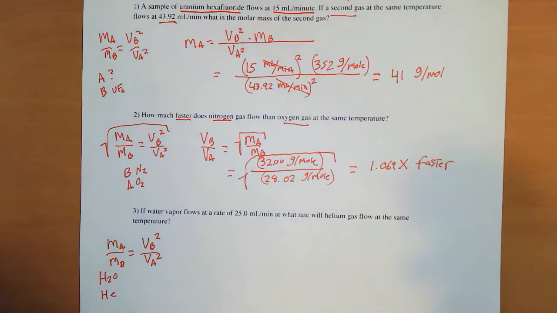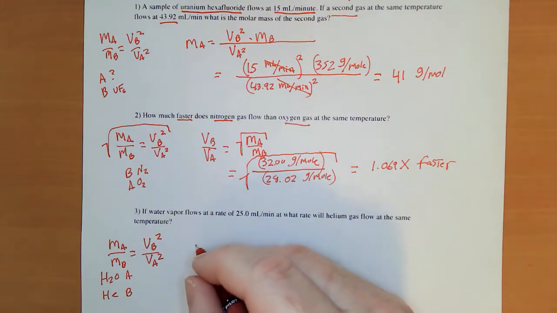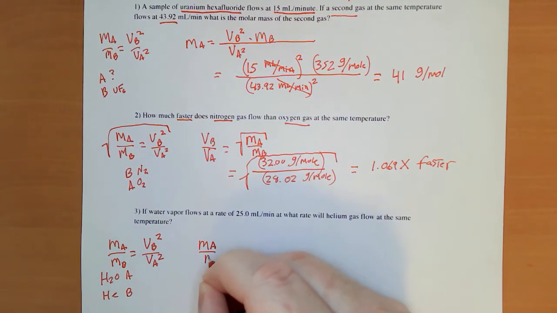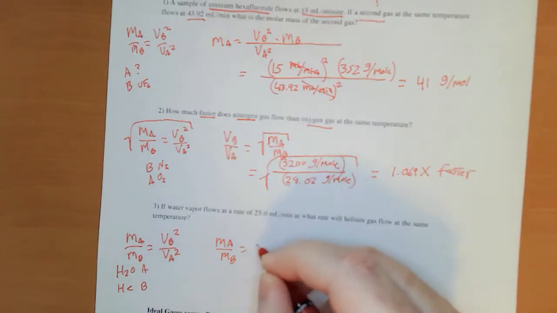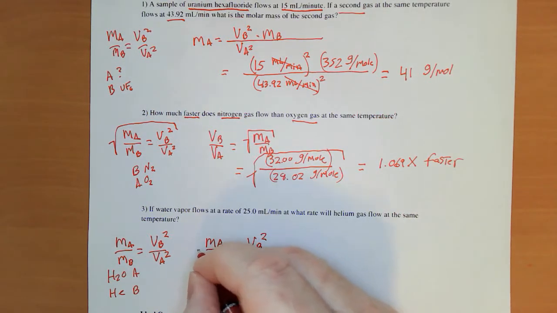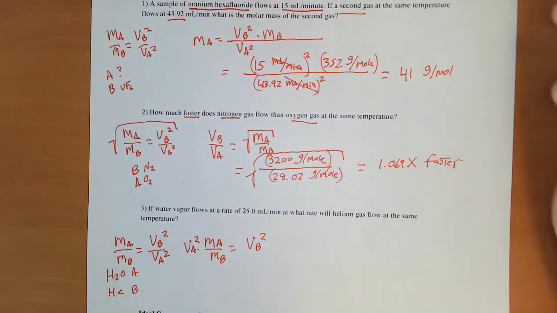Because of that, I'm going to call helium B and water A. The reason I've done that is algebraic. I move that velocity of A over to the other side.